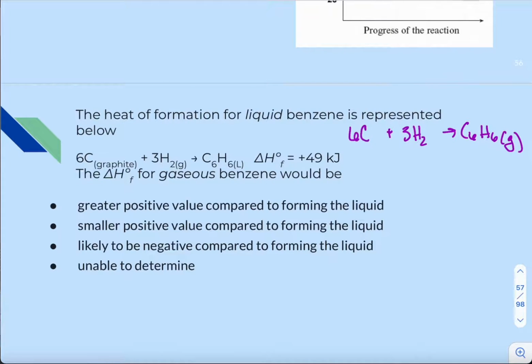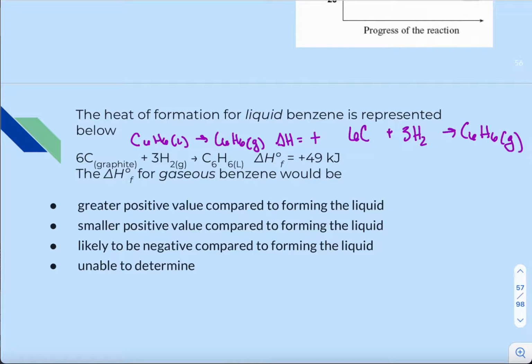We know that if we did liquid benzene to gaseous benzene, that's an endothermic process, right? We know that's an endothermic process because in order to go from liquid to gas, you need to add heat. It needs to be absorbed. So we would know that delta H of this would be a positive number. We don't know what that positive number is, but we know it would be a positive number.